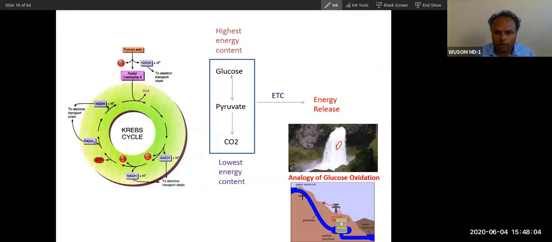Placing water uphill requires energy, and the fall releases energy, which we can transfer. That is why catabolic reactions, especially oxidation reactions, generate energy, and the energy is trapped in the form of ATP. So this is the whole Krebs cycle.